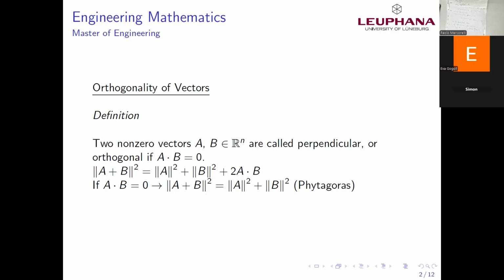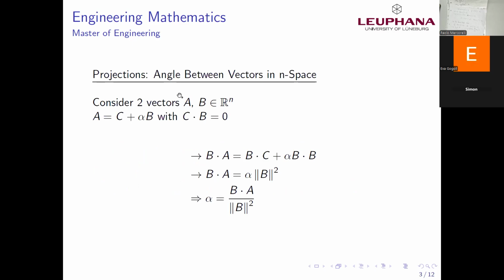In accordance with the definition of orthogonality, because A dot B equals 0. Exactly. This is just a repetition.